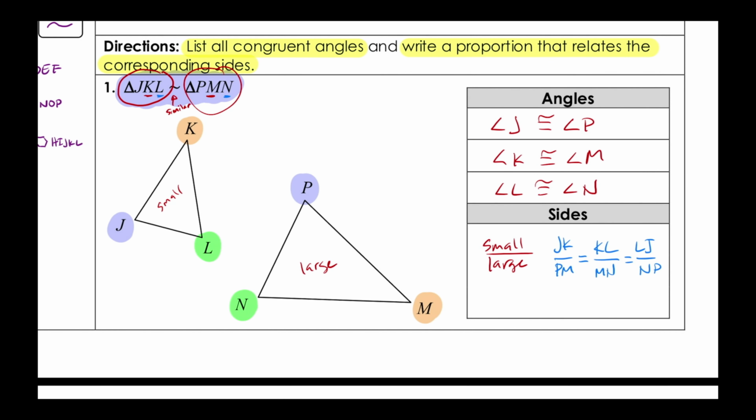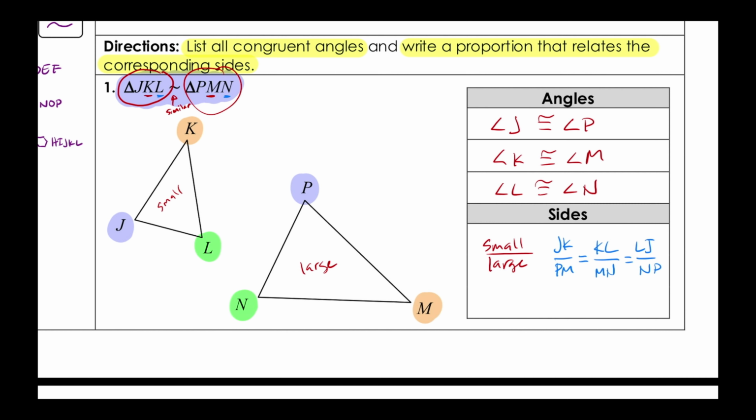Okay, so all we did here was they already told us these triangles are similar, and we showed what was corresponding. The angles that are corresponding are congruent to each other, and the sides that are corresponding form ratios that are equal to each other, right? Purple to orange, that's a ratio, equals a ratio of this one, orange to green, equals the other ratio, green to purple.